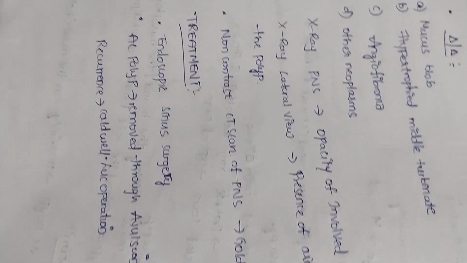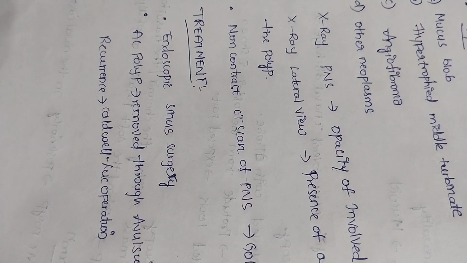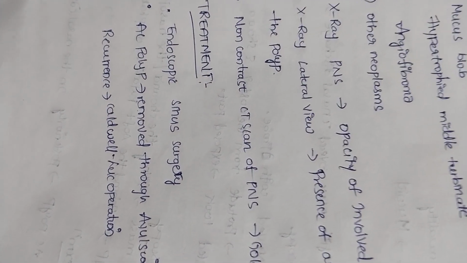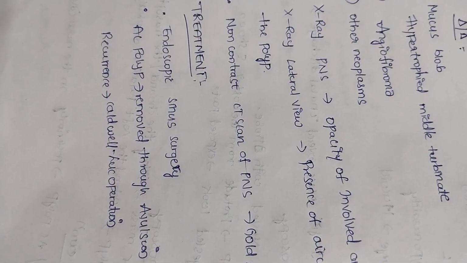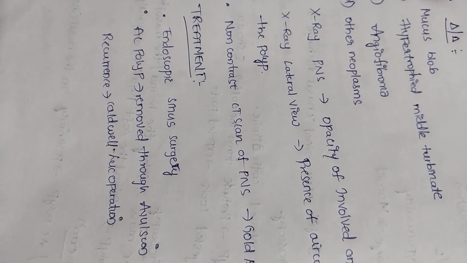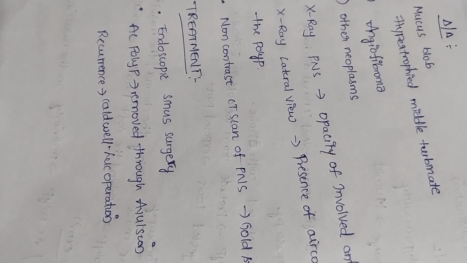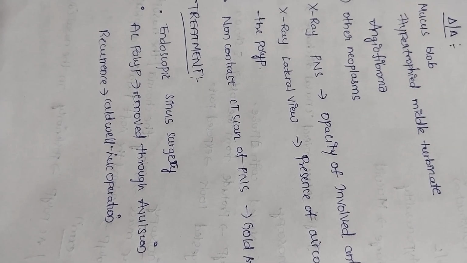Coming to the differential diagnosis of the polyps. We are saying that edematous mucosa is a polyp, a non-neoplastic mass and edematous swelling of the mucosa. How can we differentiate a mucus blob from this polyp? When we ask the patient to blow the air forcefully, the mucus blob will disappear, but the polyp won't.